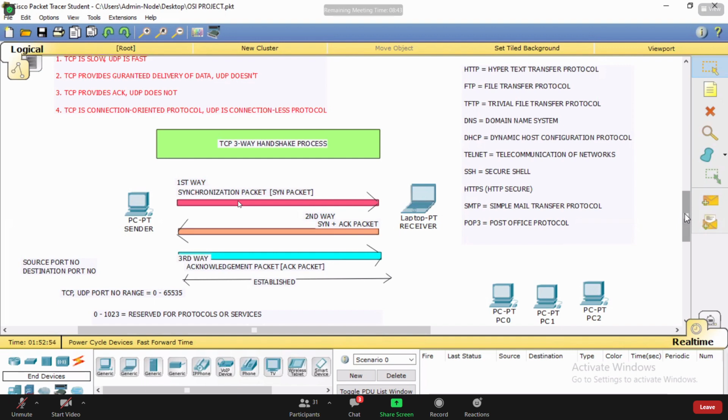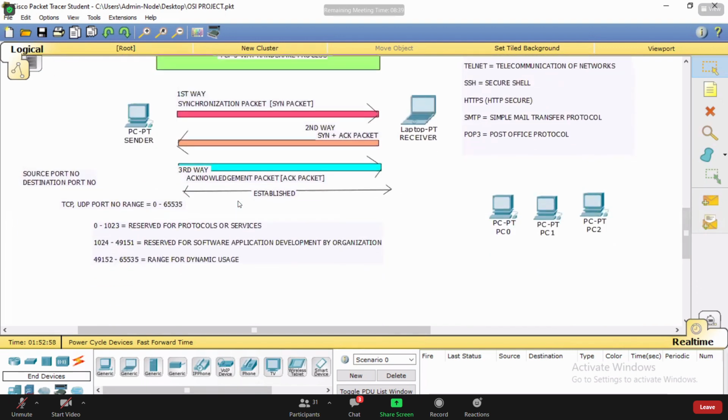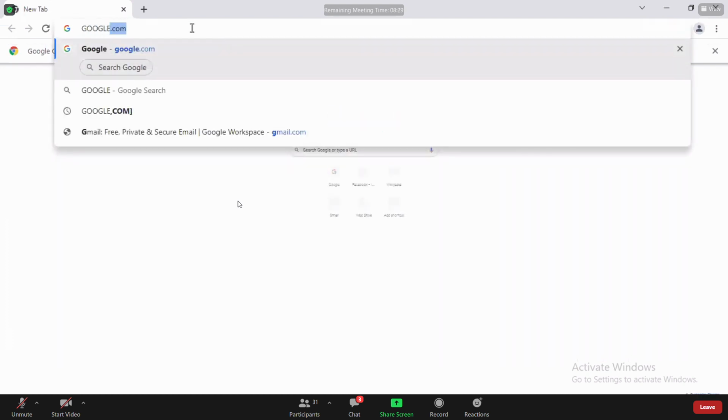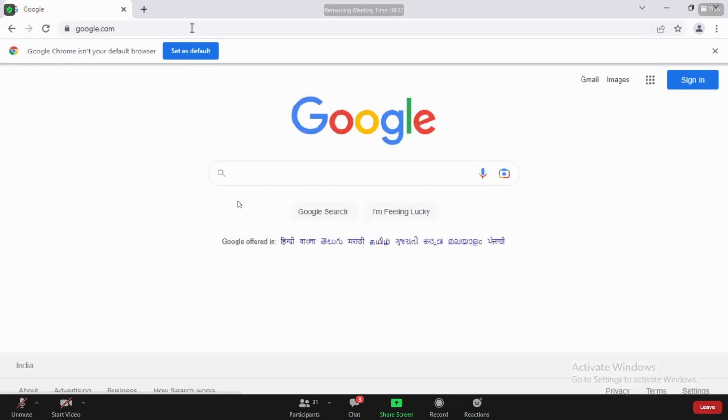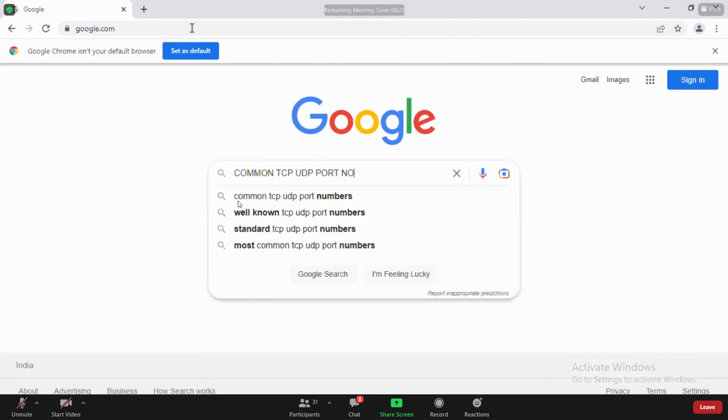Taken? Yes, sir. And this particular port number. Similarly, another thing is the common TCP UDP port numbers. You can find it by simply going to Google and typing common TCP UDP port numbers.